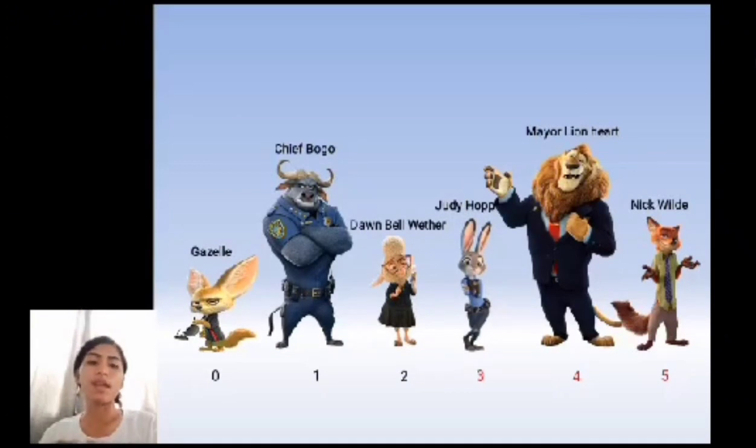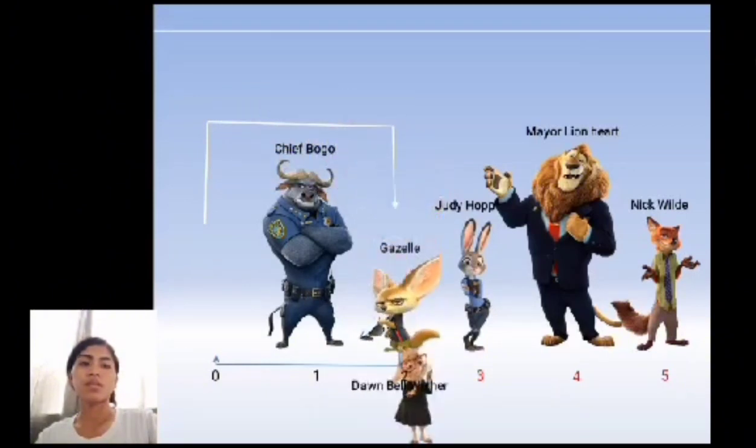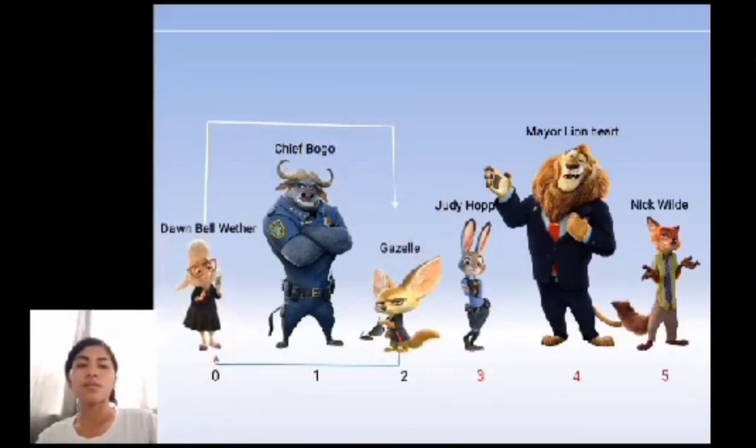So the array list now, index 0 is Gazelle, index 1 is Chief Bogo, index 2 is Downbell Wither. So next, Gazelle swaps with Downbell Wither. So here, Downbell Wither now is index 0, then Gazelle is now index 2. So the last element now is Gazelle, so it will be removed from the heap.